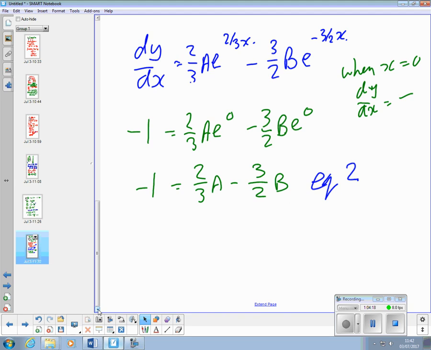Just remind myself what equation 1 was. Equation 1. Okay. So, what I've done is multiply equation 1 by 3 over 2.